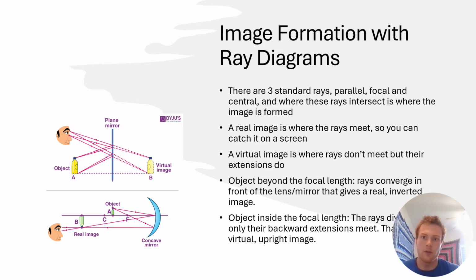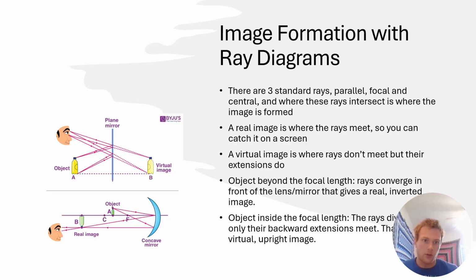So there are 3 standard rays: parallel, focal, and central. Where the rays intersect is where the image is formed. A real image is where the rays meet, so you can catch it on a screen. We see that with the concave mirror, that it intersected right where the image showed up, where the person can see it.